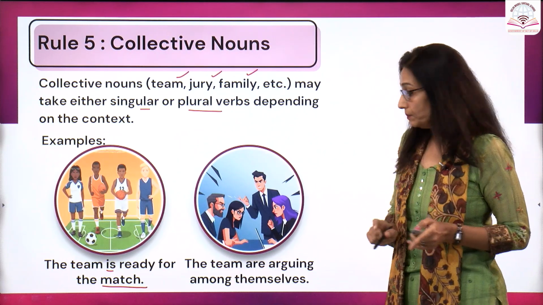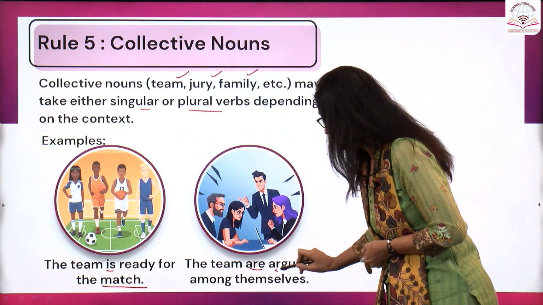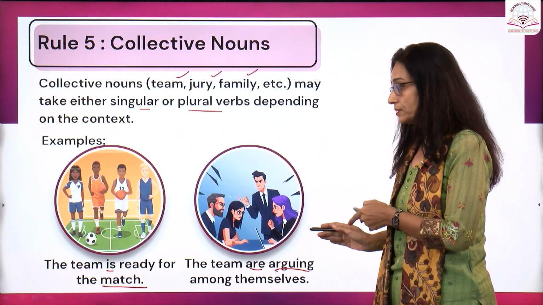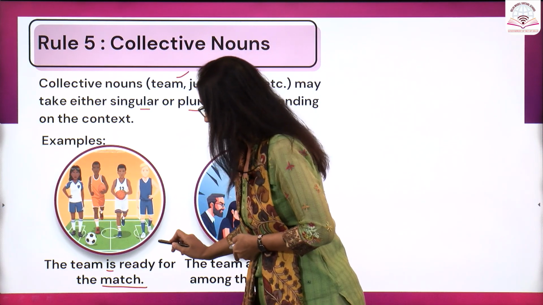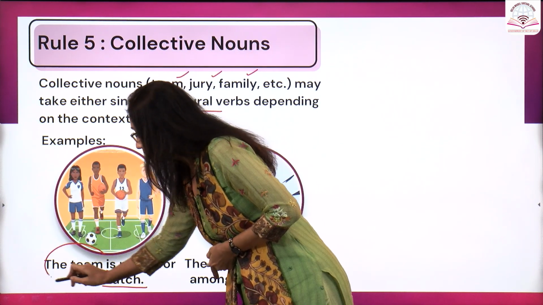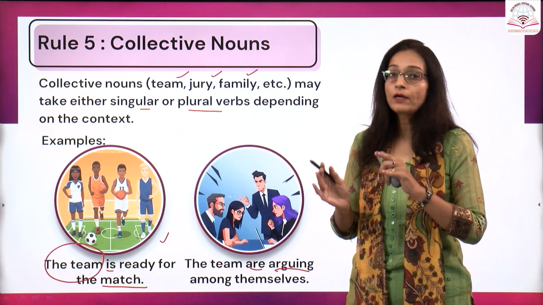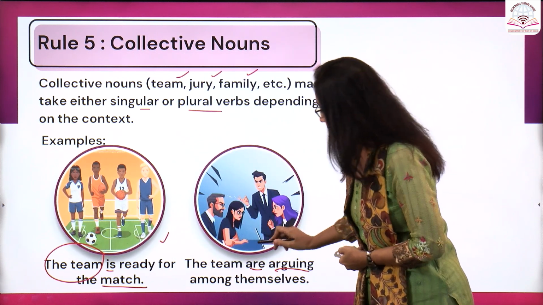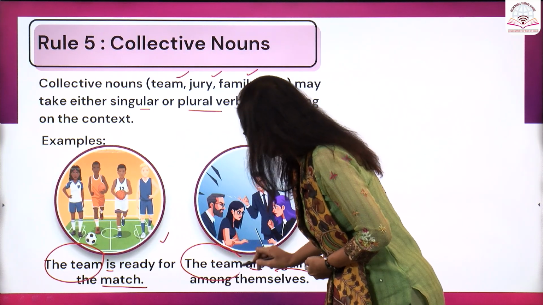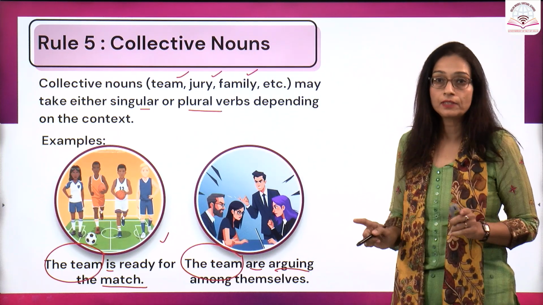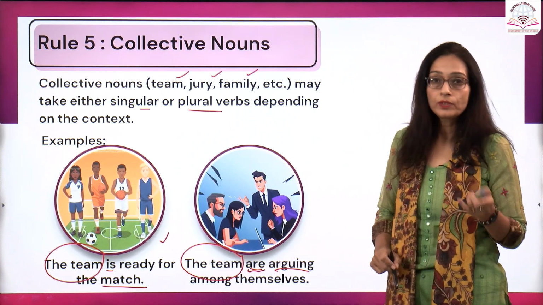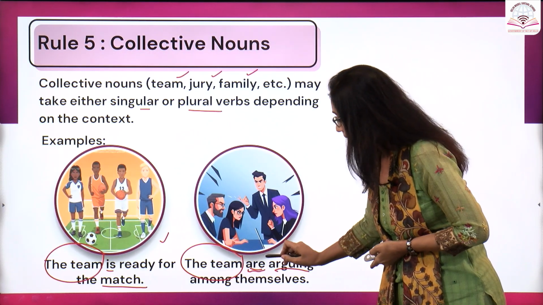Now the team are arguing among themselves. The difference between the two sentences is that in this sentence, the team is a single entity. All of them are going to do the same action, whereas here the team members do not agree with each other. So that's why we have considered it as a plural subject and used are.